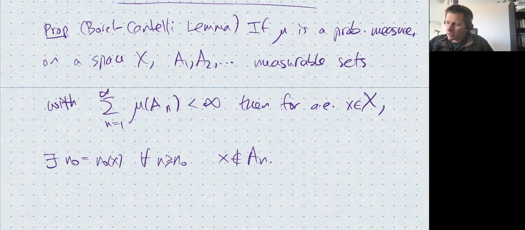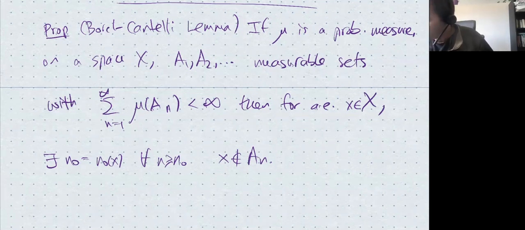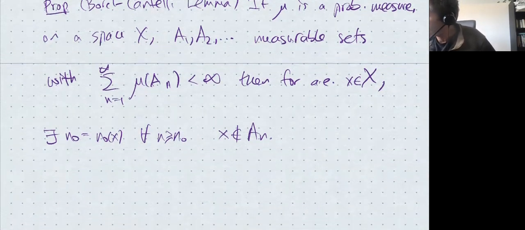So that's the order of quantifiers. So you see that eventually x is not in An, but what eventually means is this: it happens after some time n0 that depends on x. So some x's will belong to, say, 2 or 3 of these An's, some will belong to 1,000,000, but almost every one will only belong to finitely many.